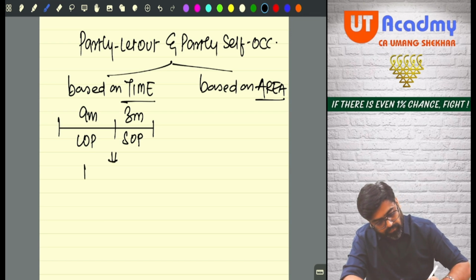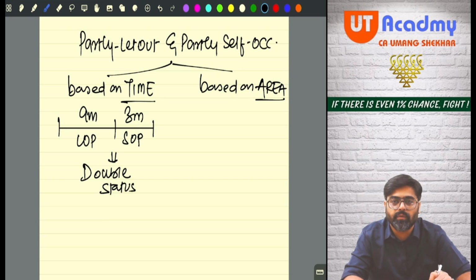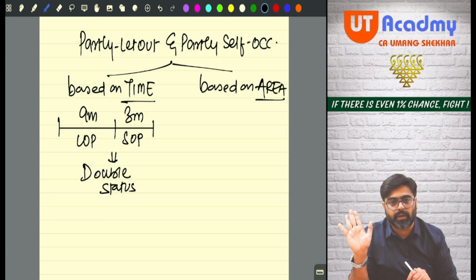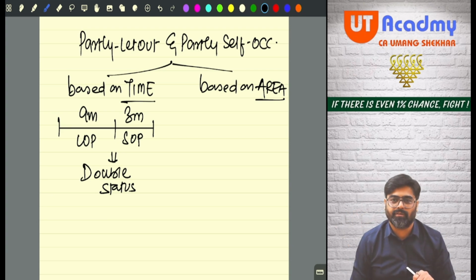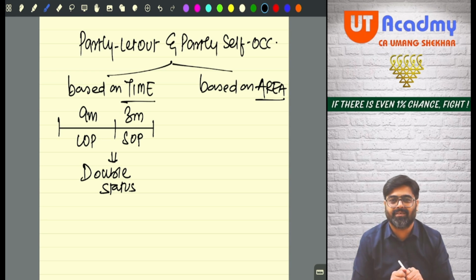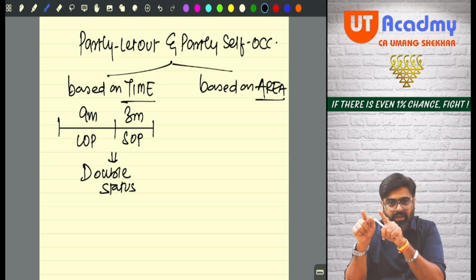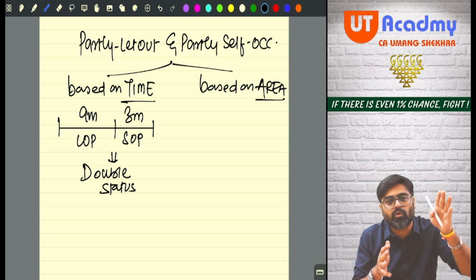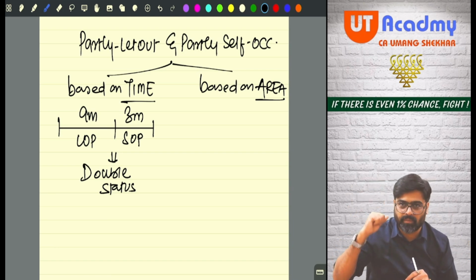Can you give double status to this property? In this year, no, one property or part of the property can have only one status. Single year, single property cannot have double status just because it was let out for some time and self-occupied for some time.